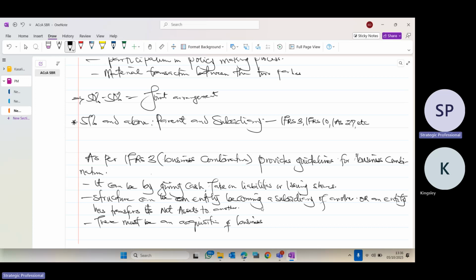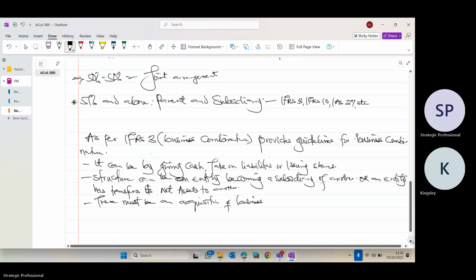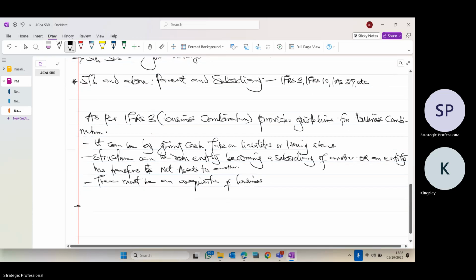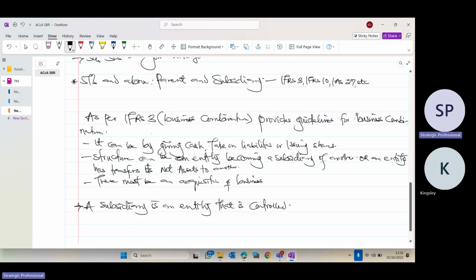So let us quickly go to our subsidiary. First, to know that a subsidiary actually exists. We said a subsidiary is actually an entity that is controlled by another entity.